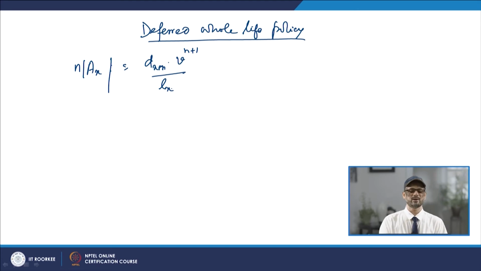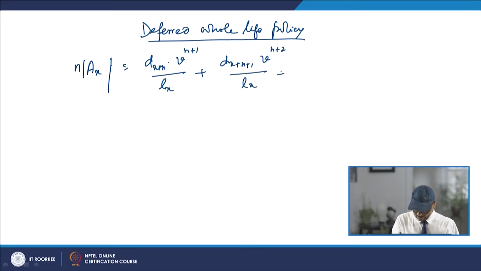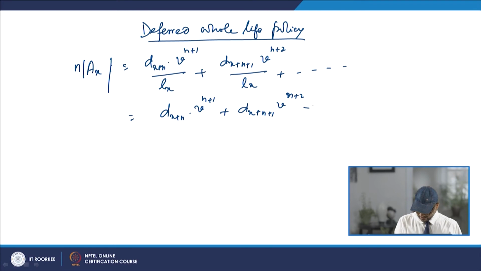So, dx plus n by Lx into V n plus 1, similarly dx plus n plus 1 V n plus 2 divided by Lx, and that will go on. So, you can further have dx plus n V n plus 1 plus dx plus n plus 1 V n plus 2, like that, and in the denominator, as you know, it will be only Lx.